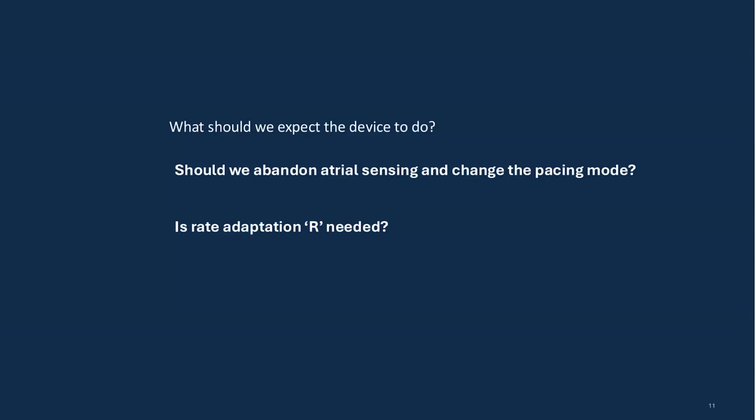There is a sensitivity of this rate response; make it a very fast response, or make it a slow or medium response, okay, and we will adjust the rate response parameters during interrogation of the pacemaker, okay.